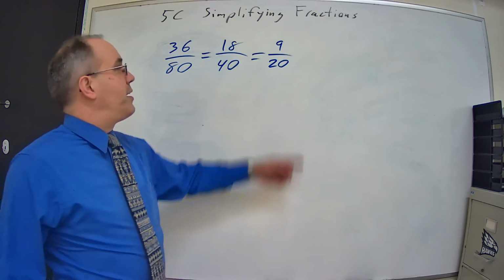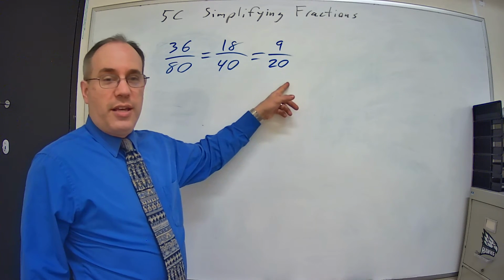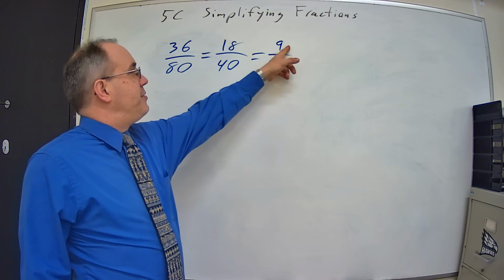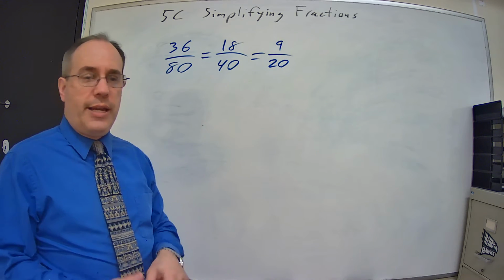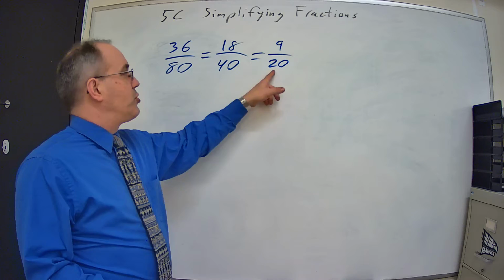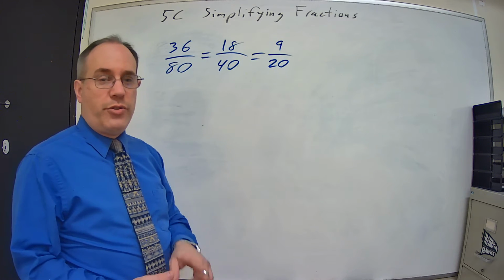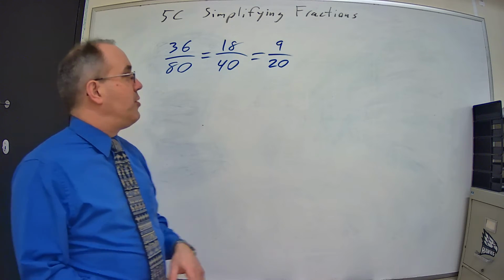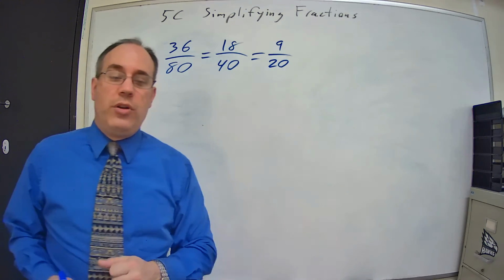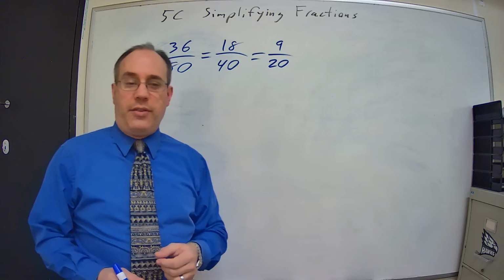And now I get into that 9 and 20. Well, 9 has factors of 1, 3, and 9. 20 has factors of 1, 2, 4, 5, 10, and 20. So nothing in common, we're left with 9/20ths.